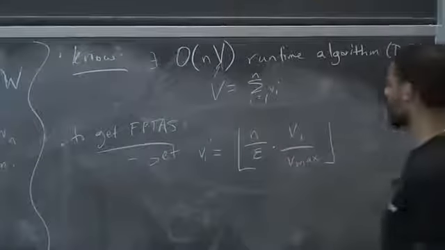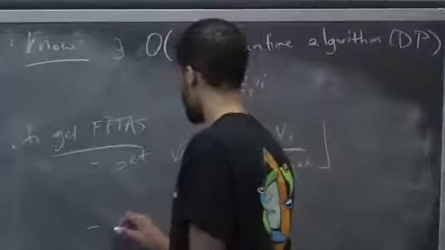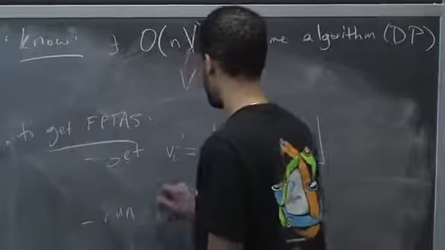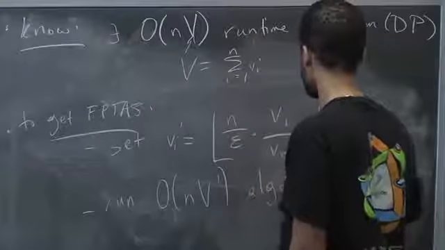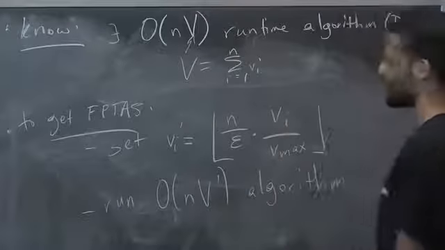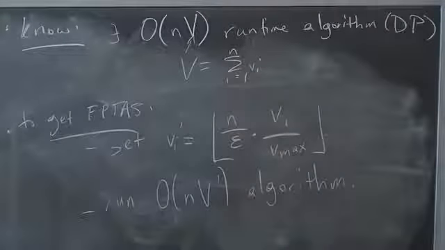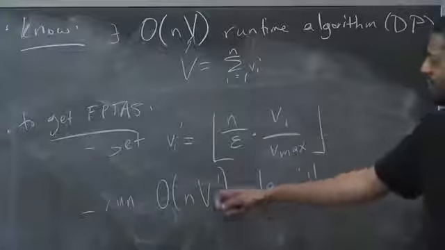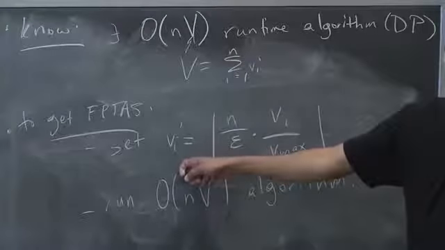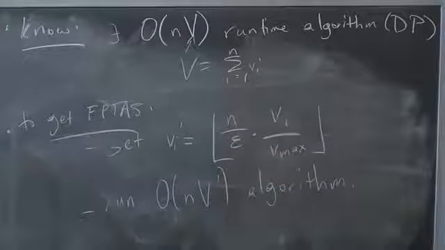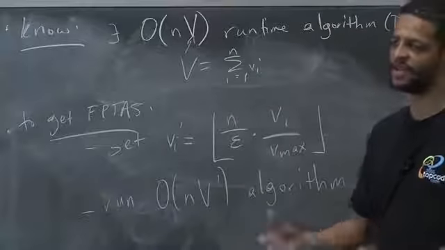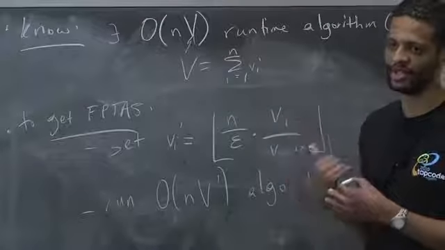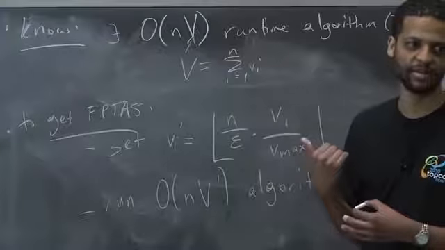Then run an O of n V prime algorithm. This is an exact algorithm for the new values, and that gives us a set of items which is optimal for this new set of values. The claim is that if you use that set for the original problem with the original values, you'll get at least 1 minus epsilon times opt.